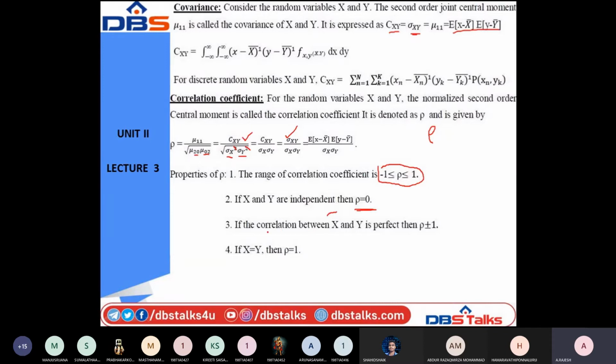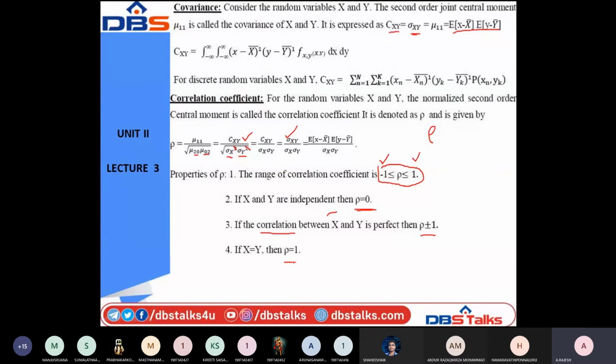If the correlation between x and y is perfect, that means these two values are equal, then the rho value will be equal to plus or minus 1, that means either it is -1 or it is +1. So if x is equal to y, that means the random variables we have taken, both values are equal, then the rho value is equal to 1, there is no chance of -1 and all these things.